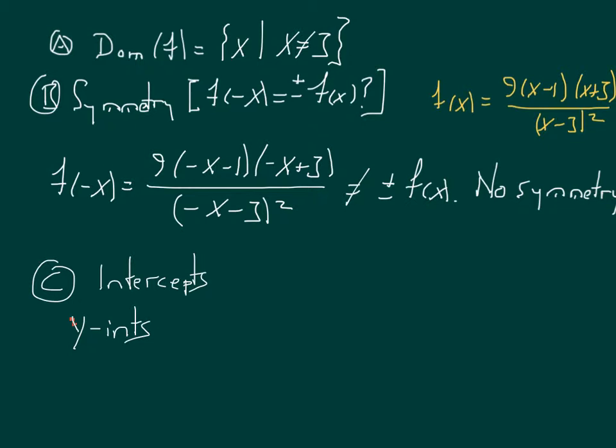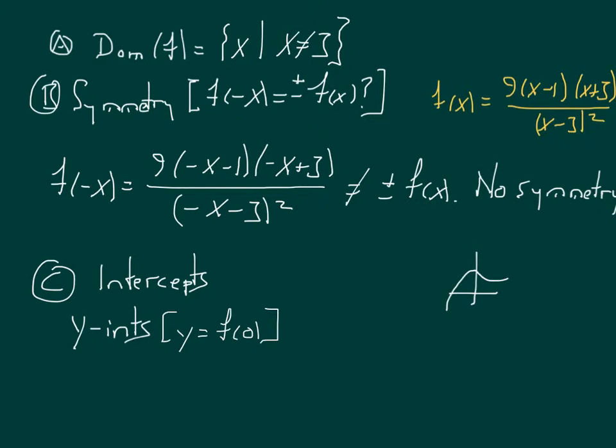Okay, so when do we have a y-intercept? That's when we cross the y-axis. So when we cross the y-axis, x is 0, so we just solve for y equal to f at 0.